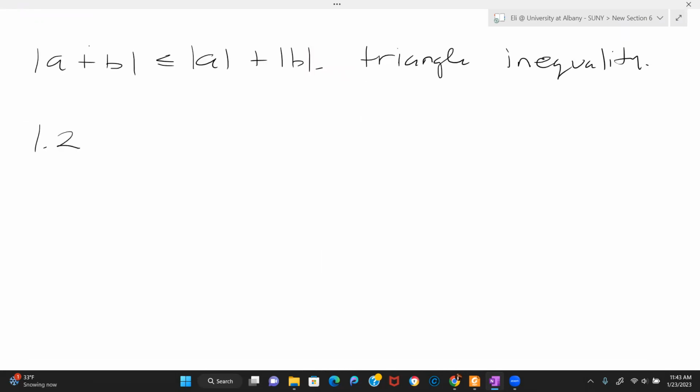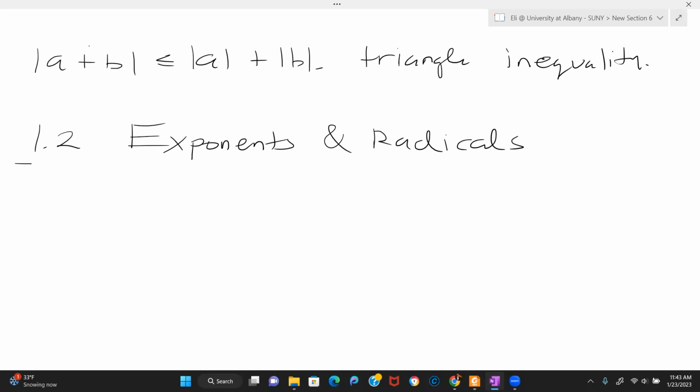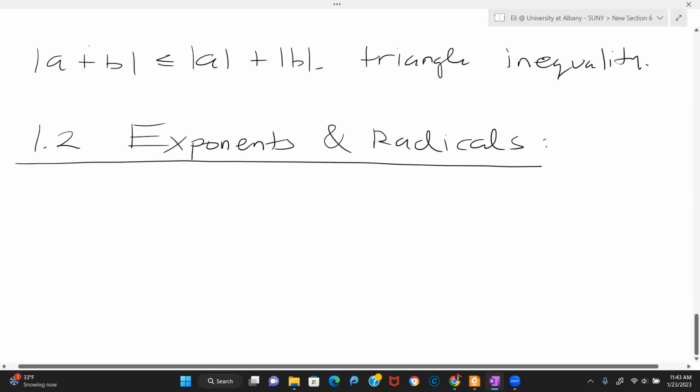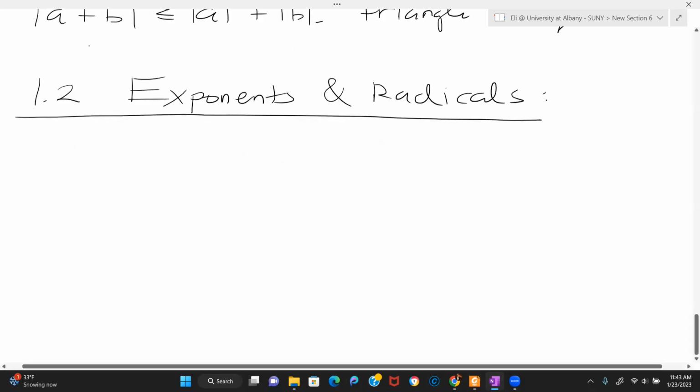So this is 1.2, and this is exponents and radicals. So now that we've, in a sense, defined the real numbers, well, we didn't really define the real numbers, but we talked about sets of real numbers. And as I said, we have these operations on the real numbers. We want to further explore these operations and set up some more notation to make computations easier.